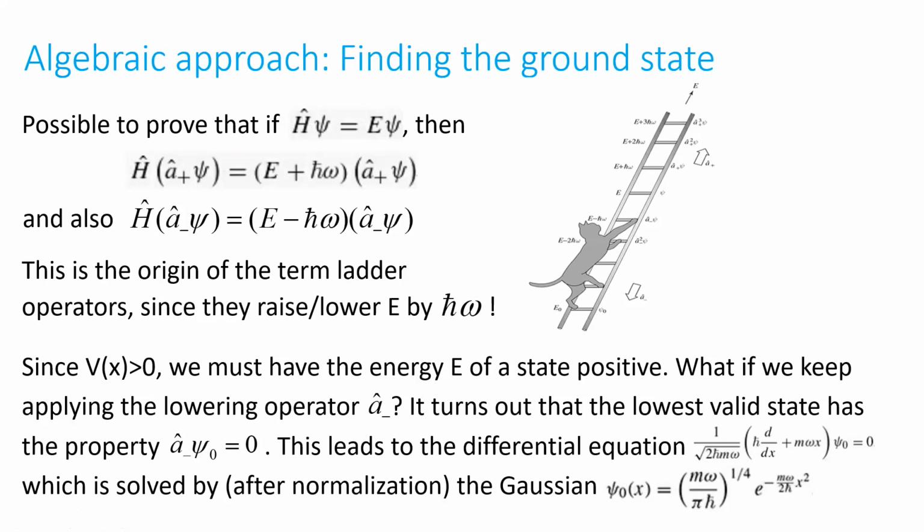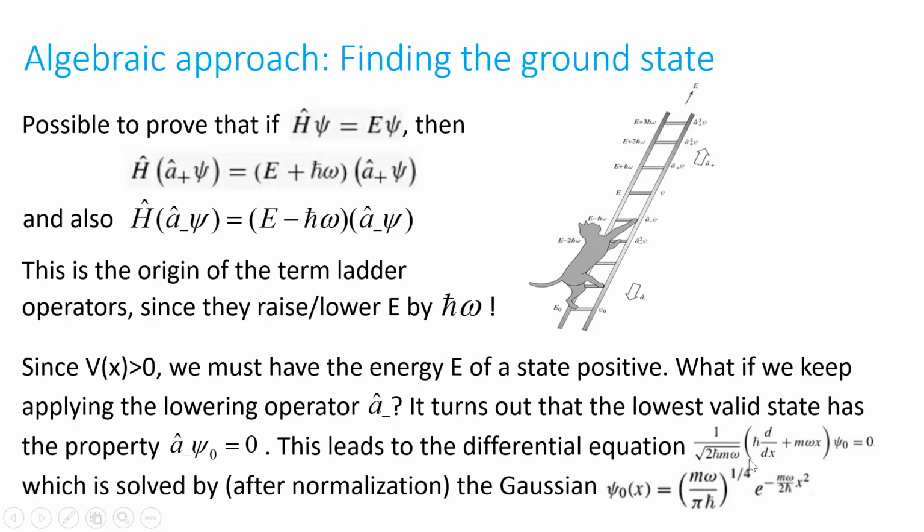If we plug in the expression for A minus acting on this function, with the definition here, with the operator p hat written out, then we get a differential equation for the ground state, stationary state, psi 0 of x.